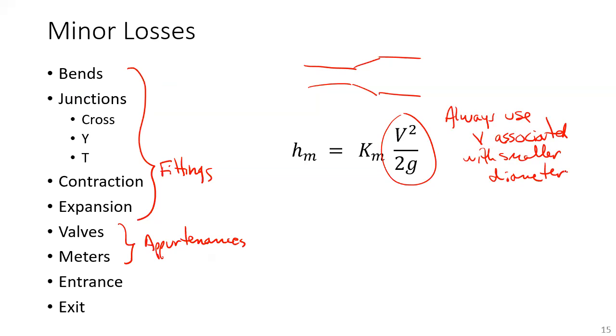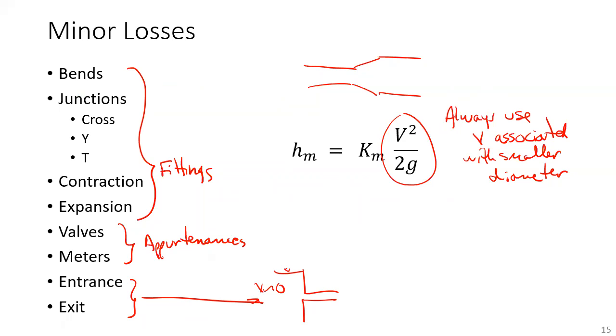Always use the velocity associated with the smaller diameter on either side of the minor loss feature. And so, for example, look at a pipe entrance. Remember, when you hear the word entrance, what's happening is you're going from a large reservoir into a pipe. And obviously, in the reservoir, the velocity, we've always said, is basically static.